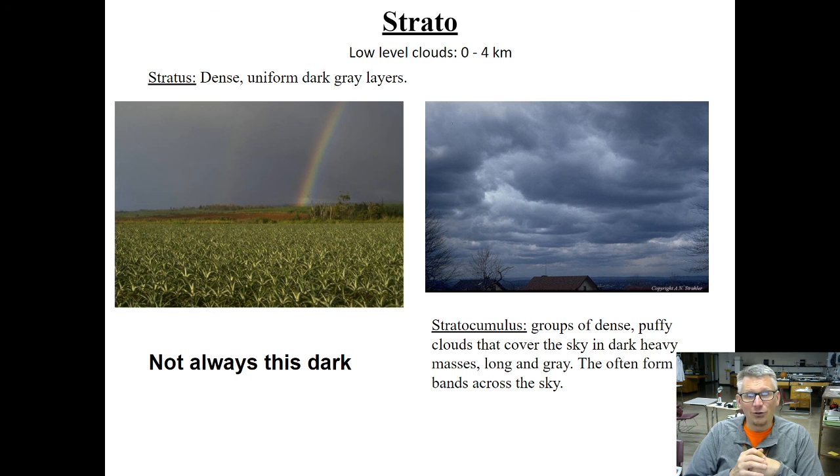On the right-hand side, we have stratocumulus, and this is a cloud that's going to be low, and that air is going up, and it's puffy and cottony, cauliflowery, and it's low. So stratocumulus, strato meaning low, cumulus meaning puffy.